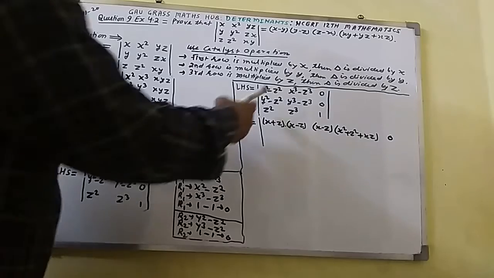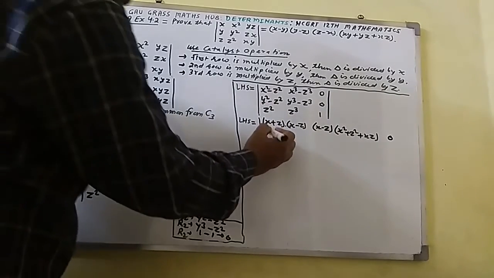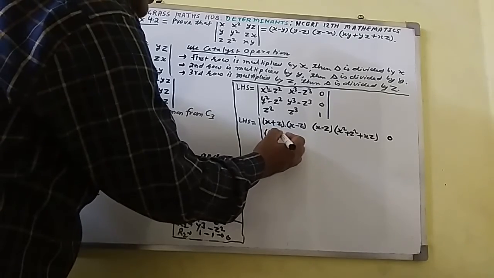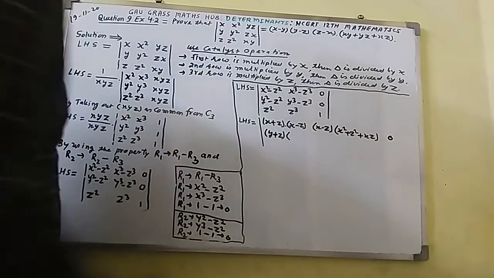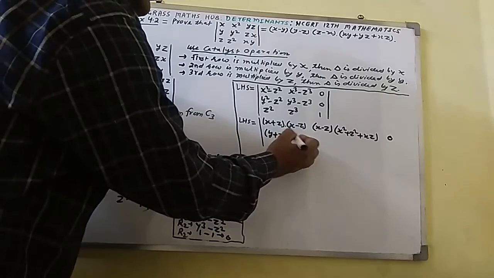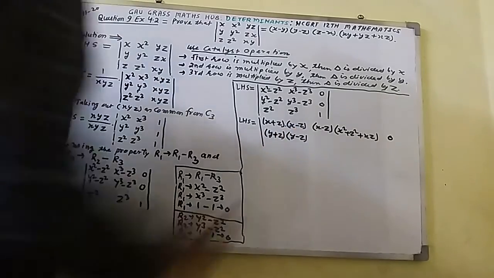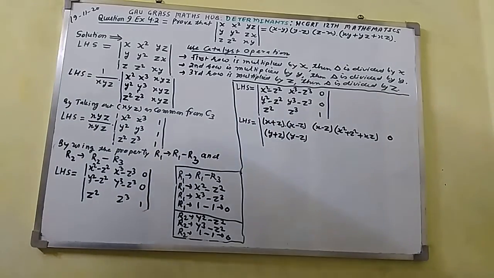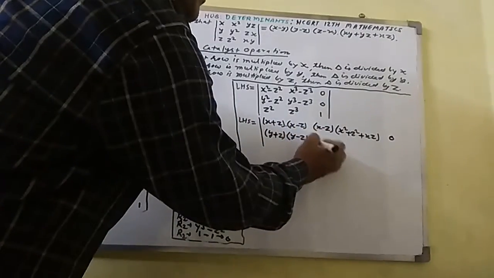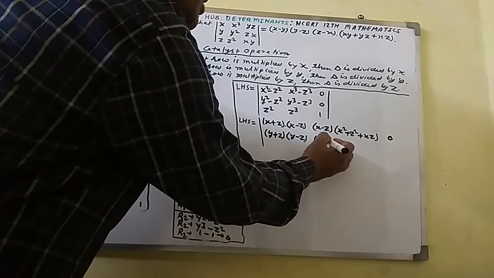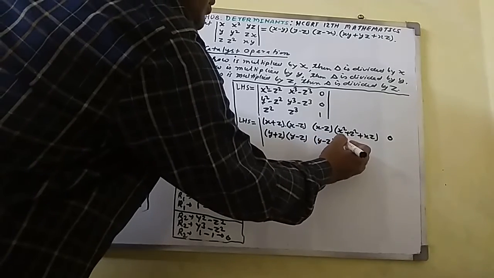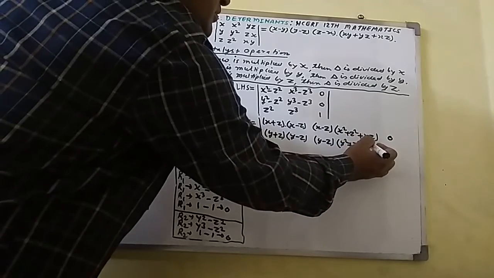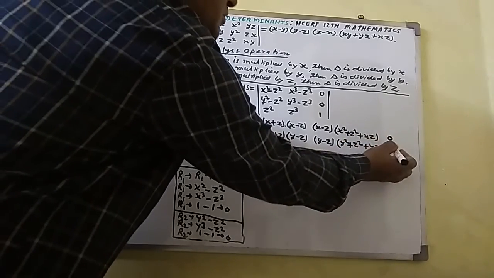Similarly, if you factorize y square minus z square, here you will get y plus z easily, and here y minus z. So y plus z, y minus z. Here you will get y minus z in one bracket, and in another bracket y square plus z square plus yz. 0 I shall write.